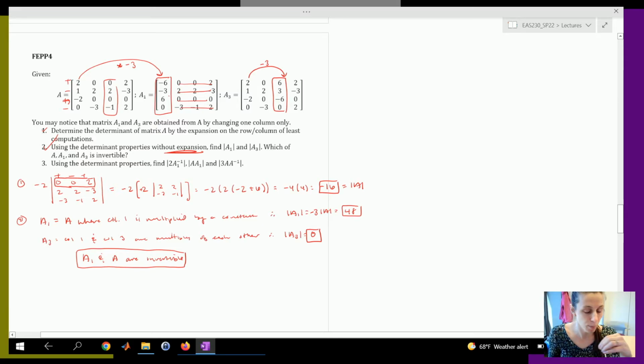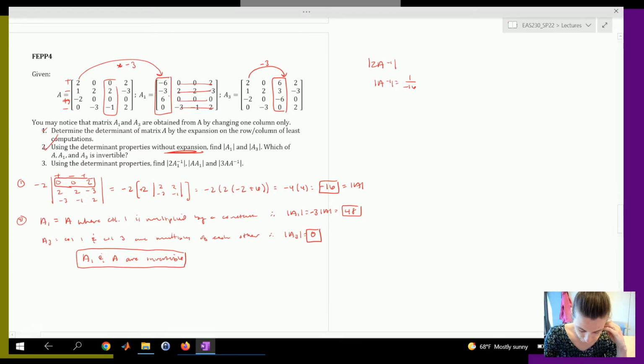So there's a couple things here in terms of order of operations, figuring out all of that fun stuff. So the determinant of 2A inverse. I know the determinant of A inverse is going to be 1 over negative 16. If I multiply this matrix by 2, I'm multiplying each row by 2, or each column by 2.